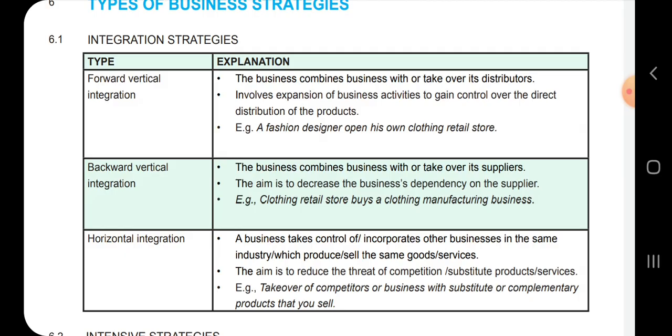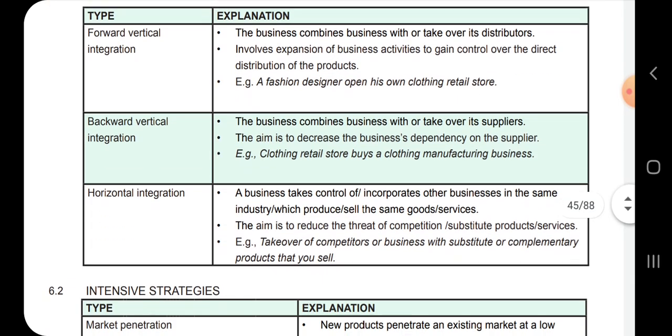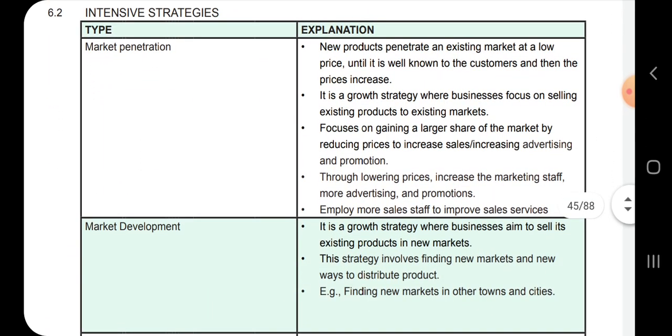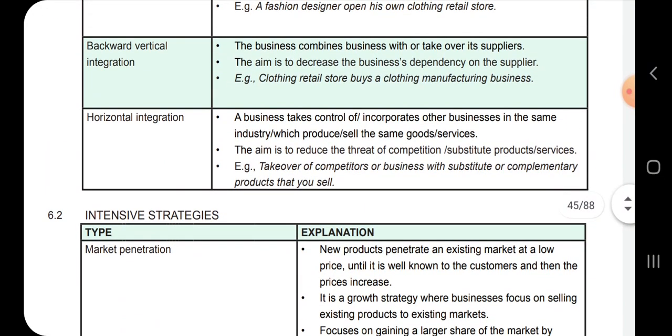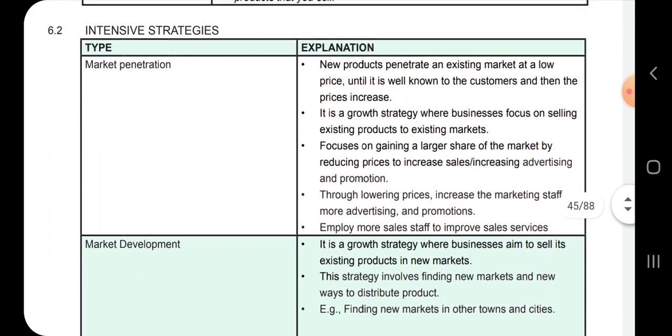Pick n Pay is selling some of the stores, and Checkers decided that it will take over some of Pick n Pay's stores in order to stop competition. Not to stop, to limit competition. If a business buys other businesses that are selling the same product as it, they are limiting competition. So with horizontal, you are buying business at the same level as you. It's not backwards or forward.